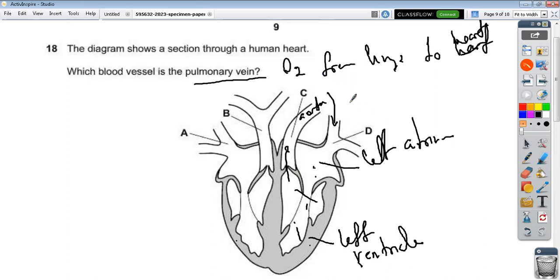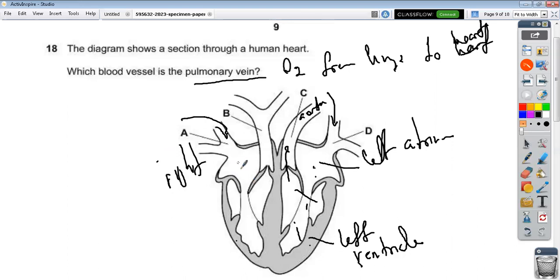Respiration takes place, and oxygen is used up. As oxygen is used up, carbon dioxide is produced. Carbon dioxide combines with hemoglobin. That's what we now call deoxygenated blood, which is brought via the vena cava to the right side of the heart. Makes sense?